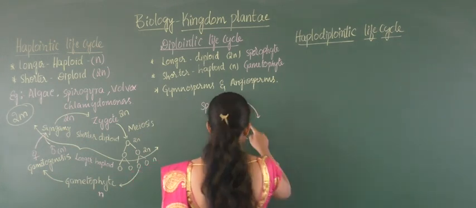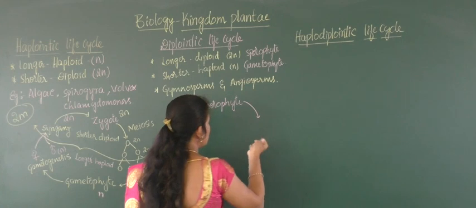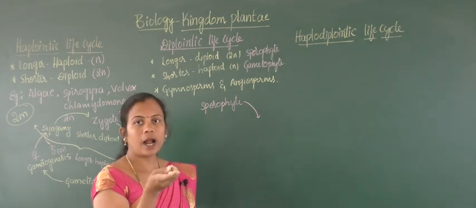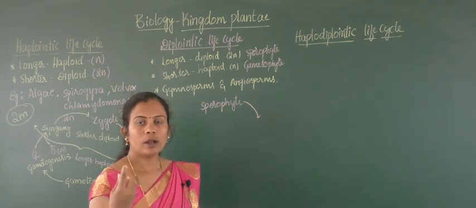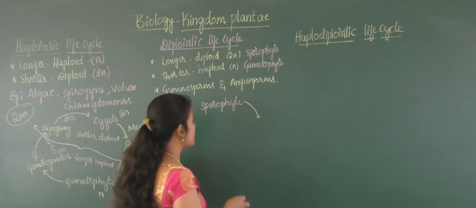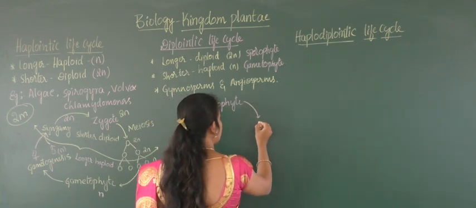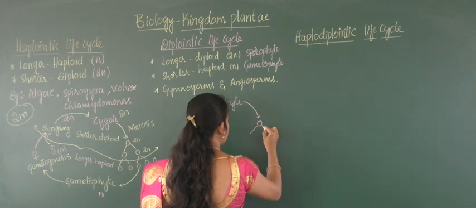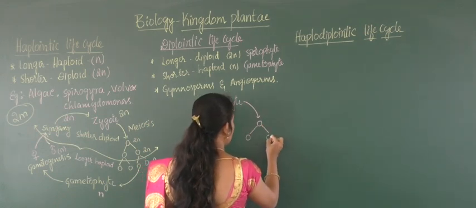You know that in the life cycle of angiosperm we discussed the anther and then ovary, ovule, later it becomes pollen grains. In the same way the sporophyte will develop some spores, those are microspores and megaspores separately.